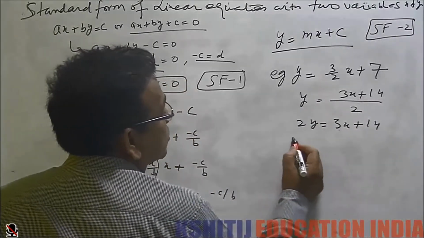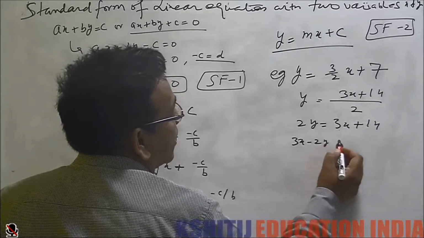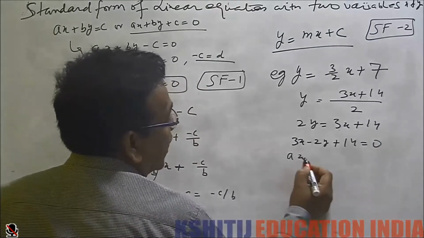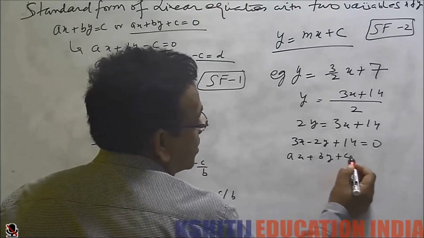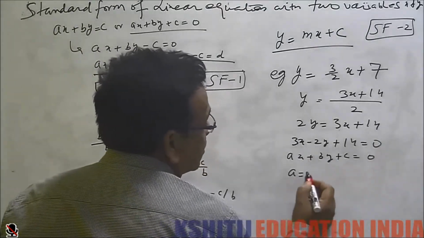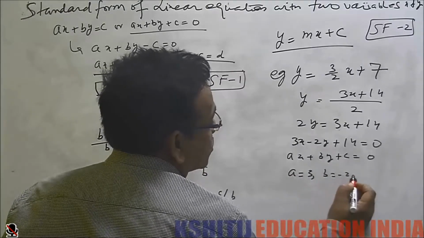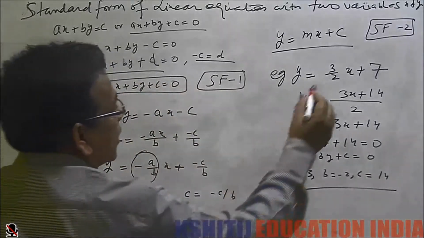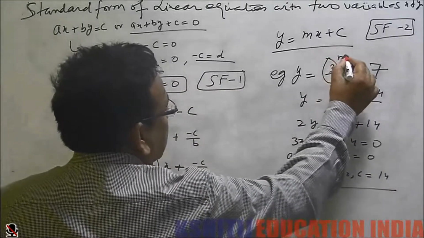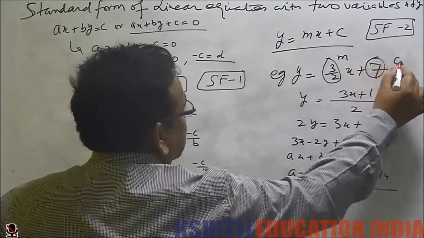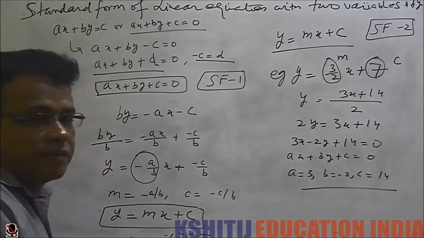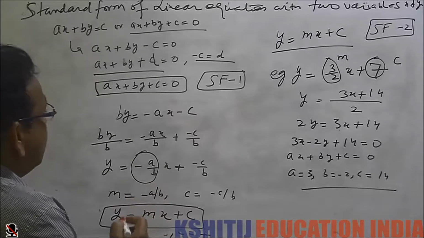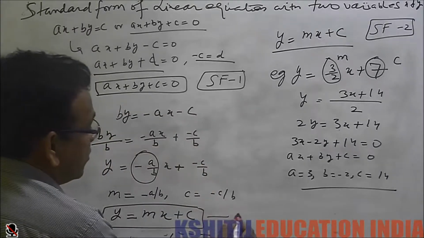So 3x minus 2y plus 14 is equal to 0. Compare with the standard equation ax plus by: a is equal to 3, b is equal to minus 2, c is equal to 14. Here if you compare, this is your m, this is your c. So both are the same thing. This is standard form and this is standard form.